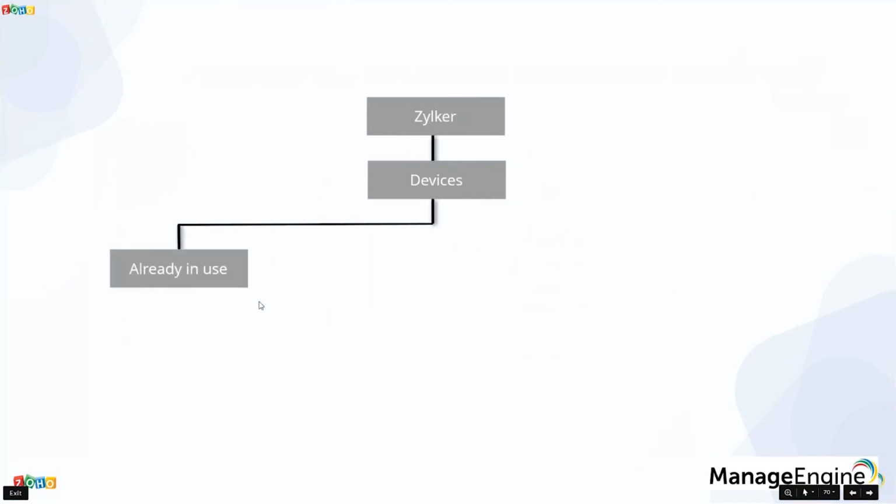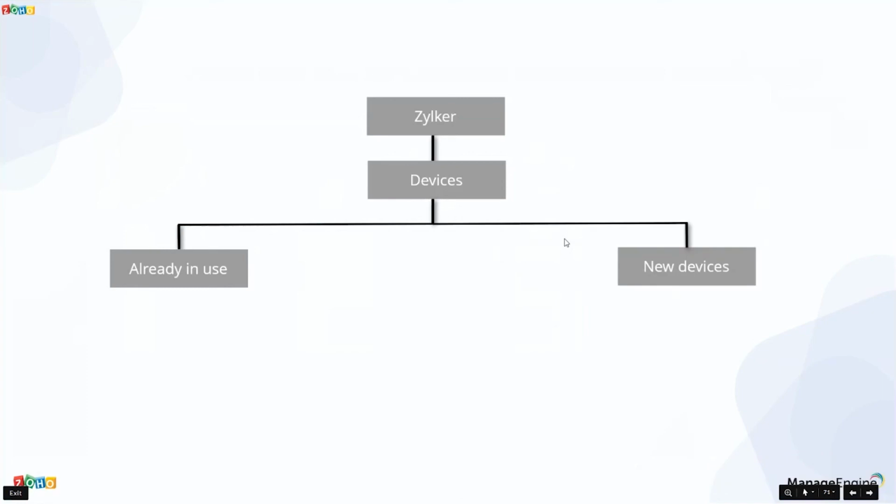It could be a company phone that has already been distributed to the user. What are the ways to enroll such devices that are already in use? And we also have a couple of new devices in the store that we want to add. Let me demonstrate how you can proceed in onboarding the devices which are already in use and which are new.